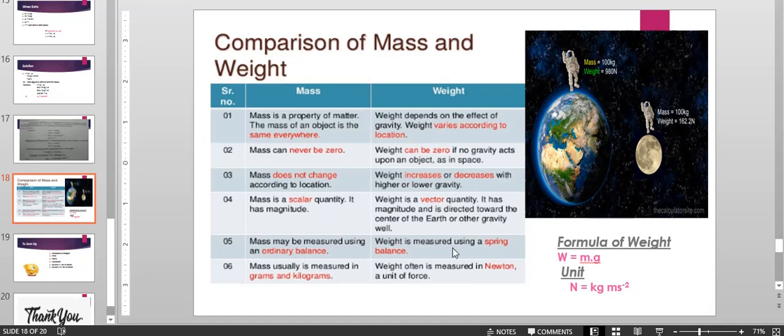The formula we use to find the weight of any object is W is equal to mg, the mass of the object times the gravitational acceleration acting on the object. So the unit of weight will be Newton, and Newton is equal to kg meter per second square: kg for mass and meter per second square for the gravitational acceleration.